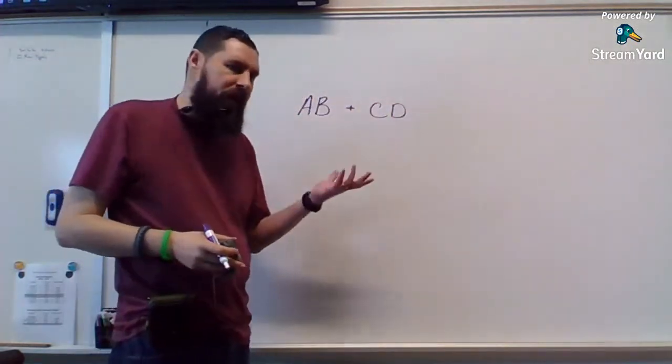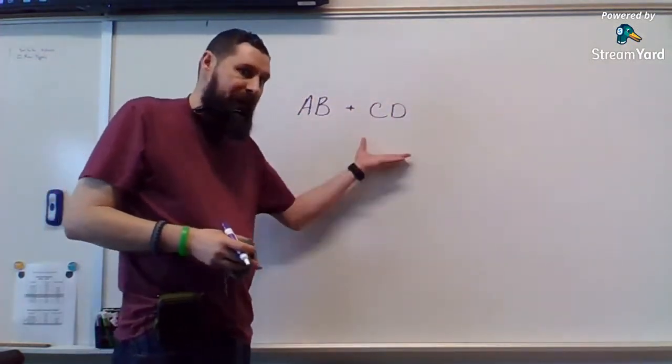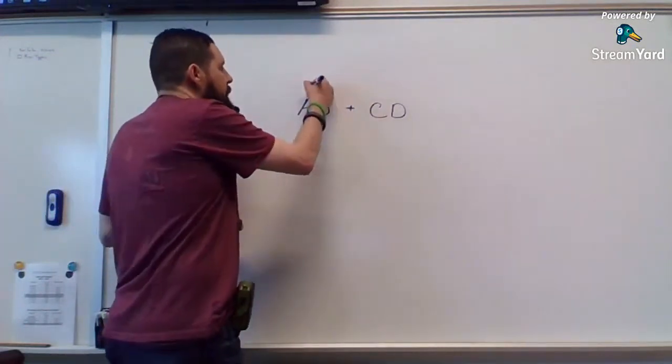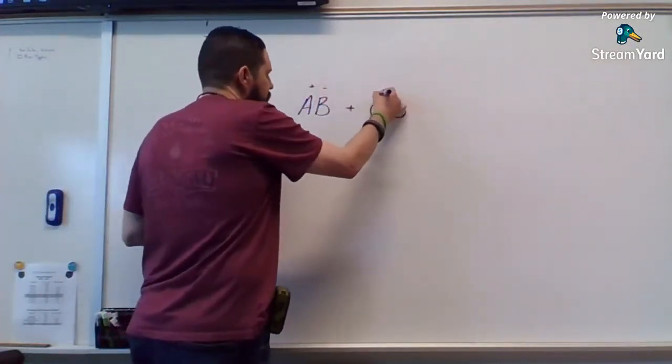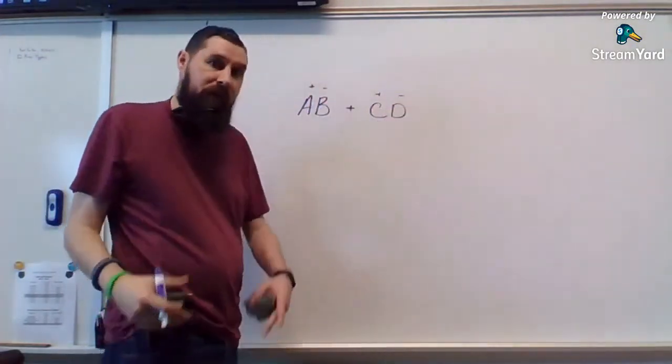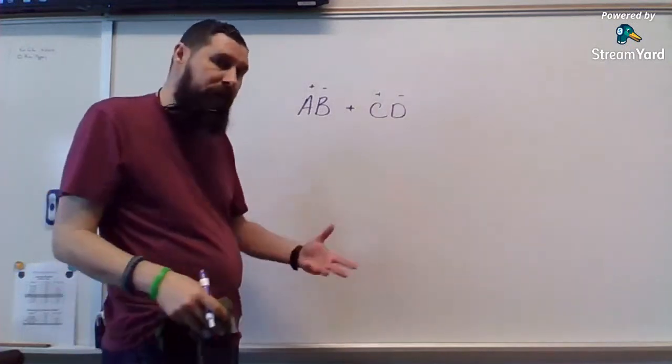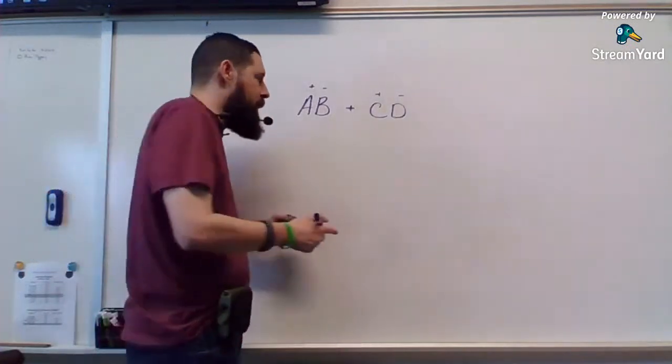Okay? So a lot of textbooks will just use A, B, C, and D. Okay? But A is positive, B is negative, C is positive, D is negative. Because again, in a compound, it's always the positive component, then the negative component.